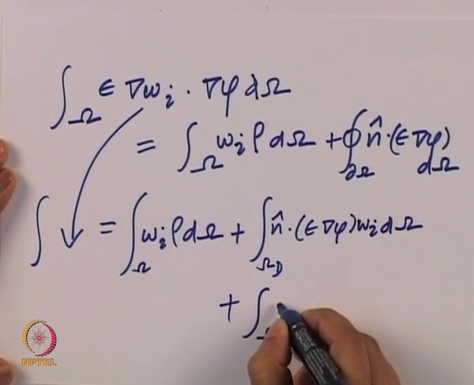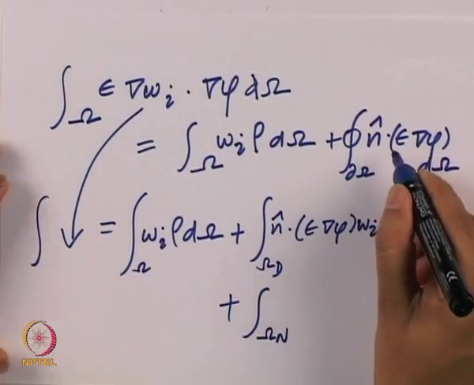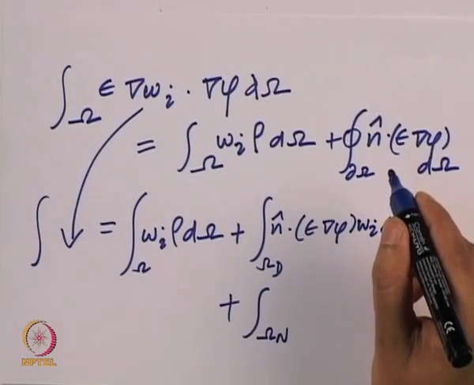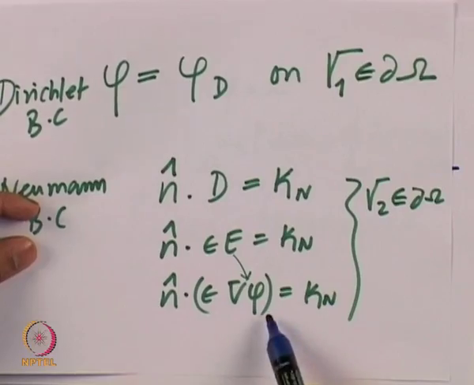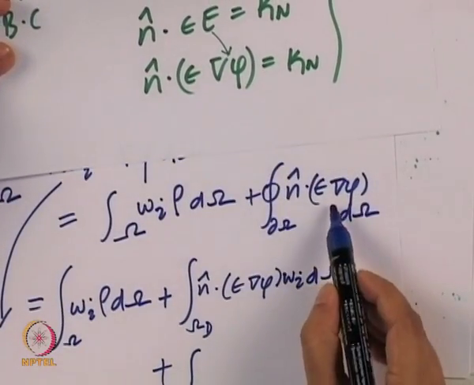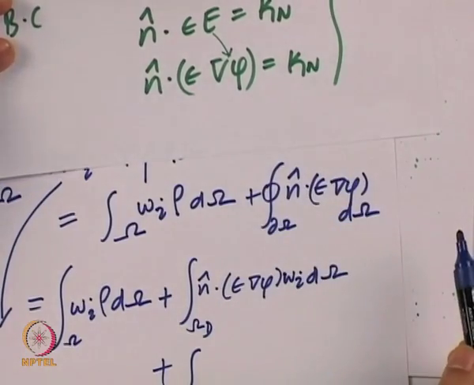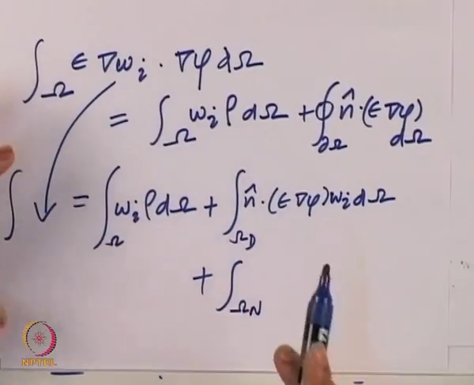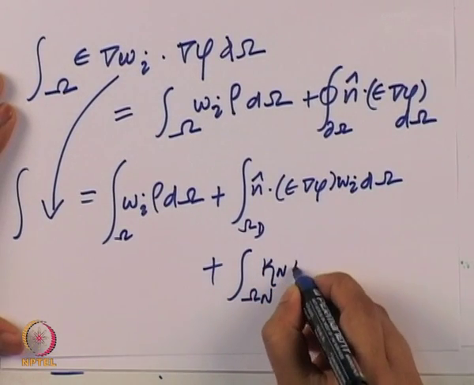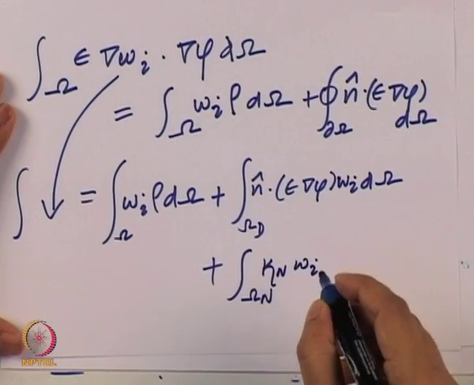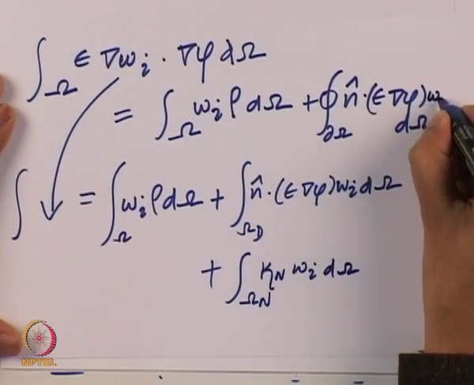It's going to be given by the same equation, but this particular term is going to be equal to kappa n. So this value is something that we got from here. We said this value is the value that we are having here, and we are going to substitute for this kappa. So that's what I am going to do here. Kappa of n omega I. So I forgot here.